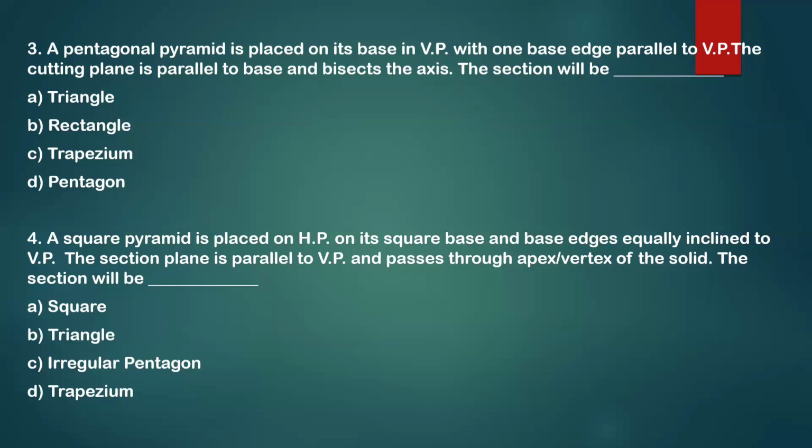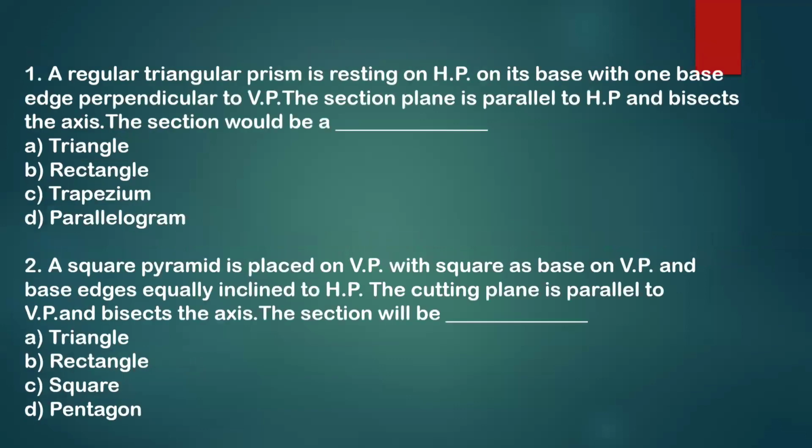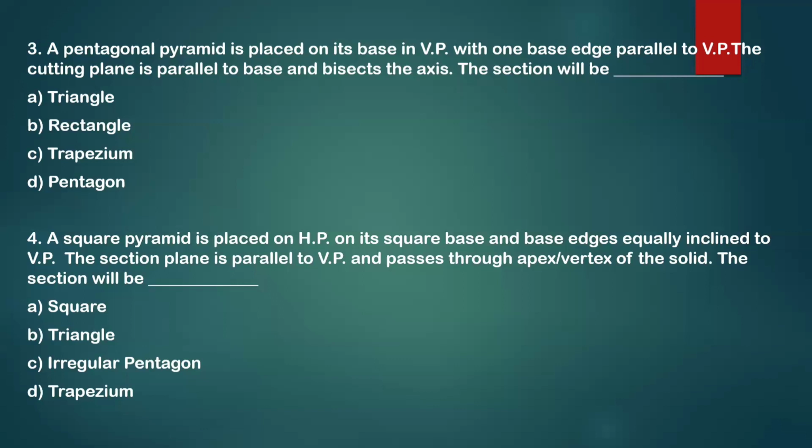Now here we are able to tell directly, because in the previous one you got a square, as the section plane was parallel to the VP and bisecting the axis. In the same way, in this third one we can tell directly. A pentagonal pyramid is there, so whatever the section is, it will be a pentagon.